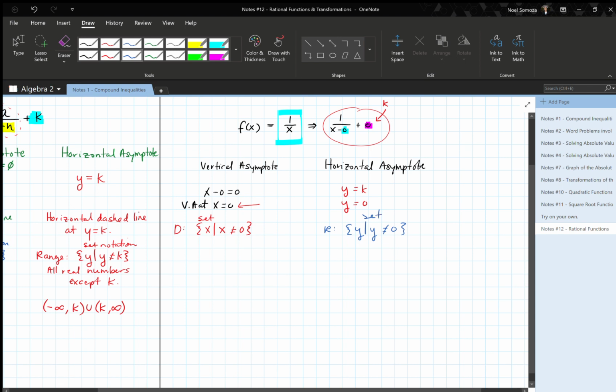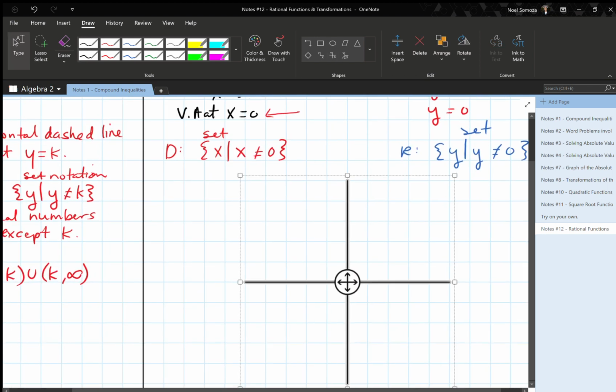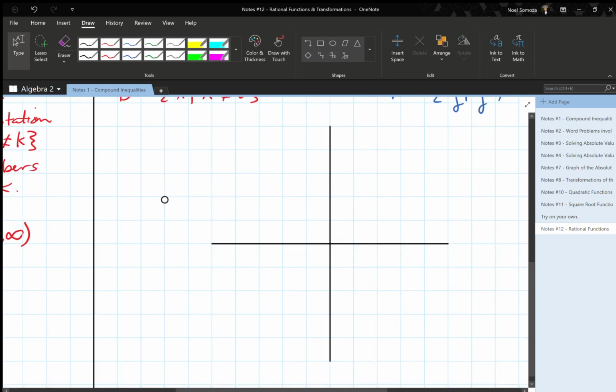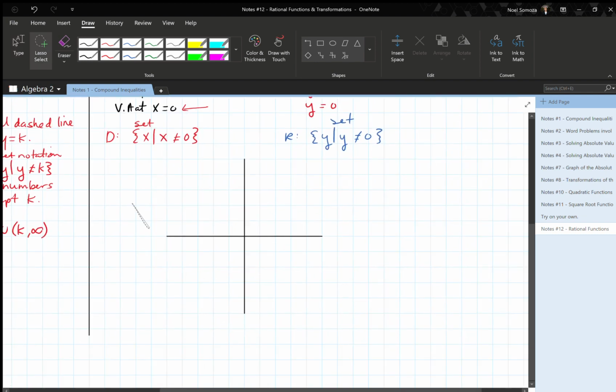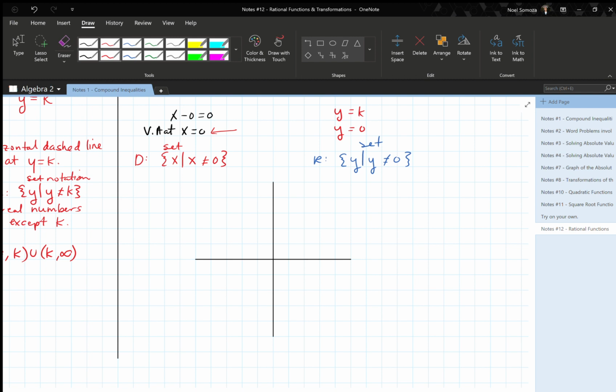So now let's move on and try to graph this. Let's plot this. Since I know I have a vertical asymptote at x equals 0, I'm going to draw that first.